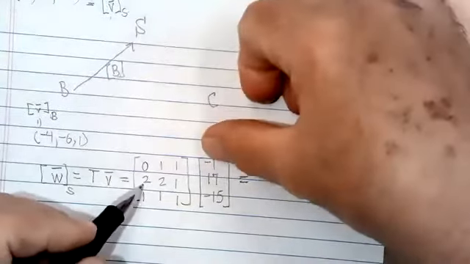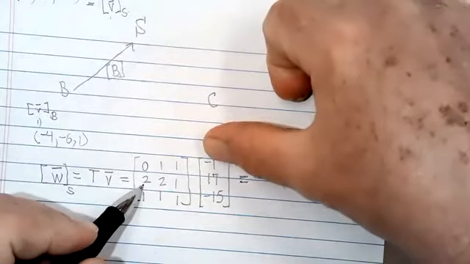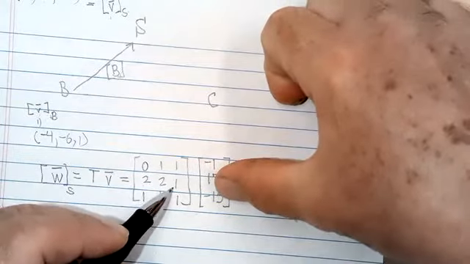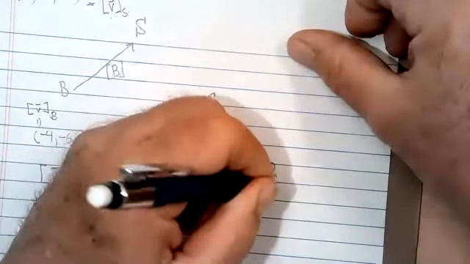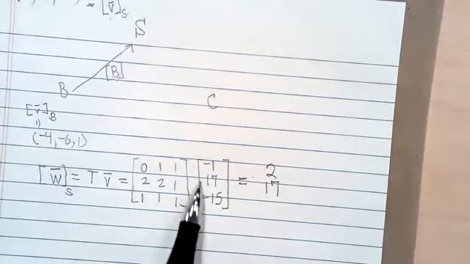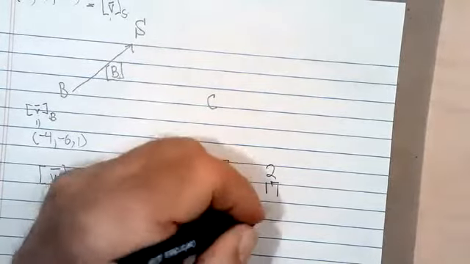What's next? Minus 2 plus 34, 32, minus 15 is 17, I think. And this just says add those up. So it's 2 minus 1 is 1.